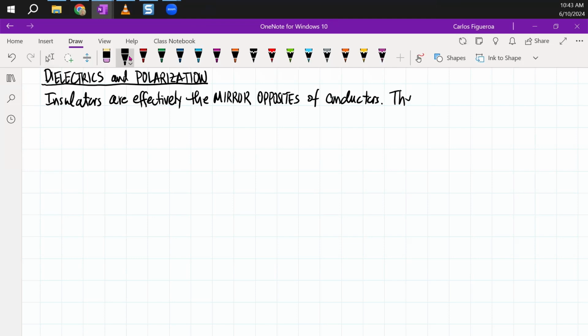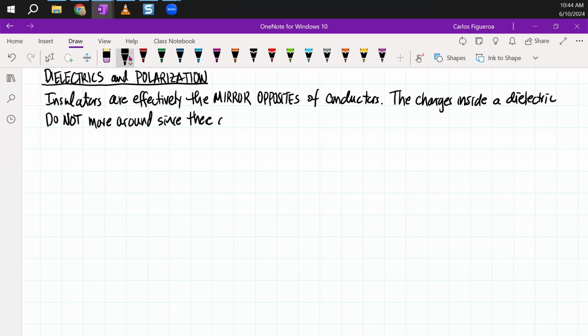The charges inside a dielectric do not move around, since there are no free electrons.